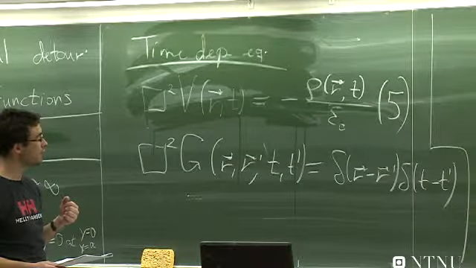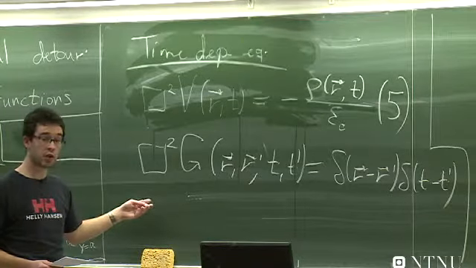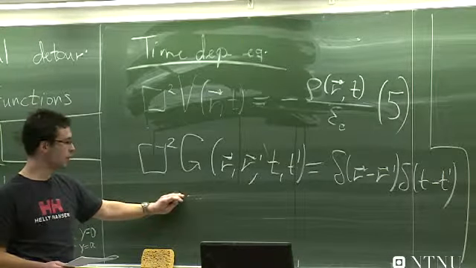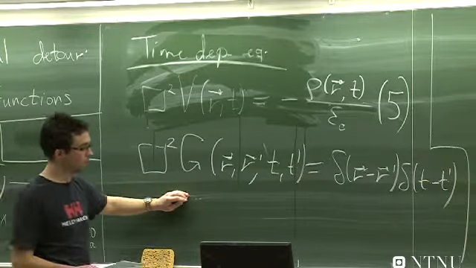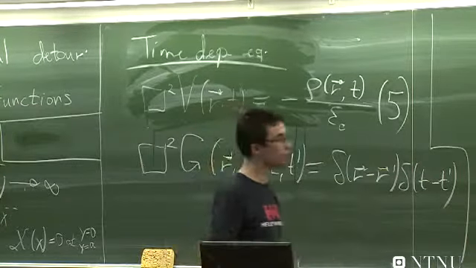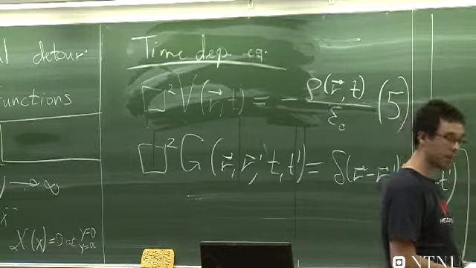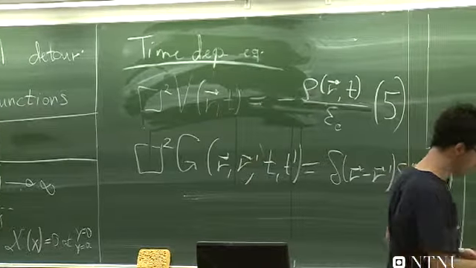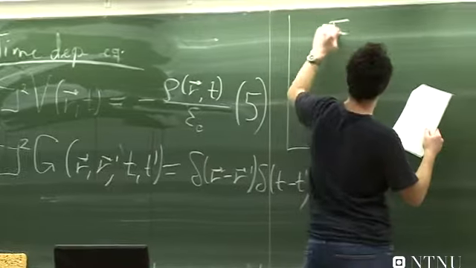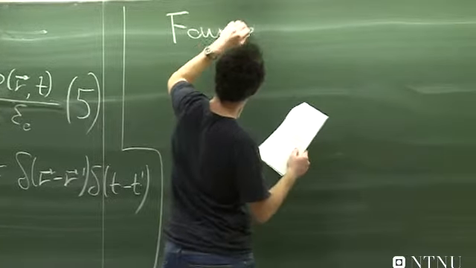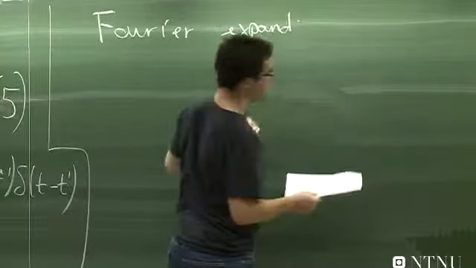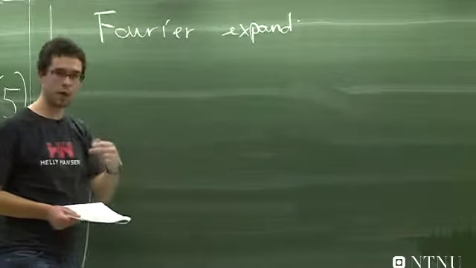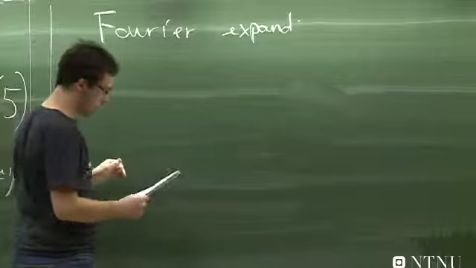Just as in the previous case, we proceed by doing a Fourier expansion of this equation on the left-hand side and the right-hand side, and see if we can solve the integral. So in principle we're doing exactly the same thing, except now we added the time dependence and the integral gets a bit more messy.